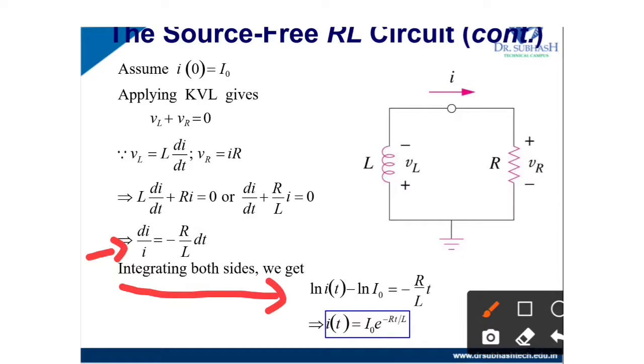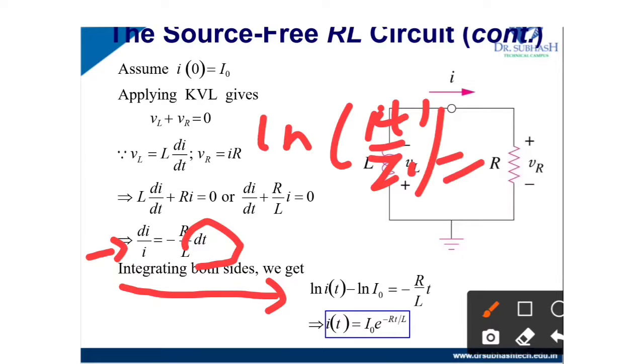So the integration of di by i is log i of t minus log I0, equal to minus R by L times t. Now log i of t minus log I0 is log of i of t divided by I0, equal to minus R by L t.